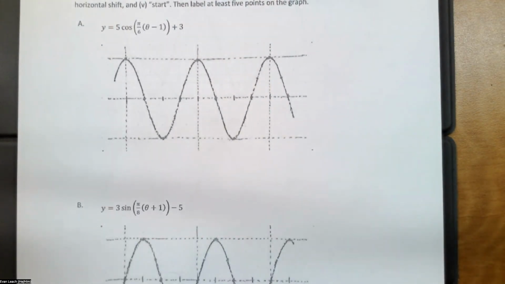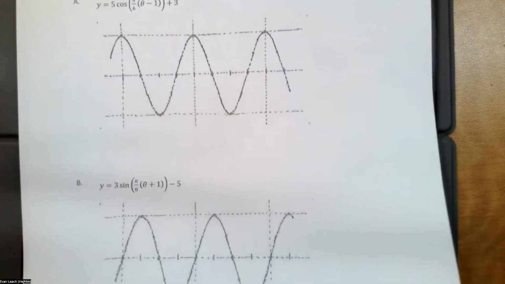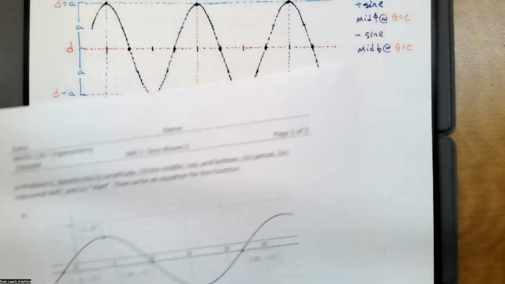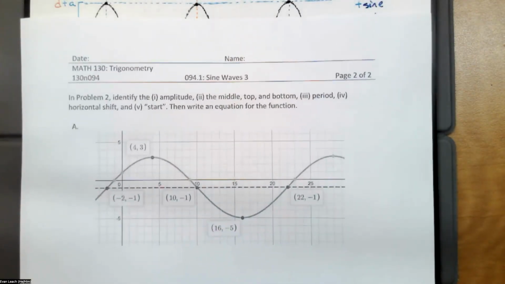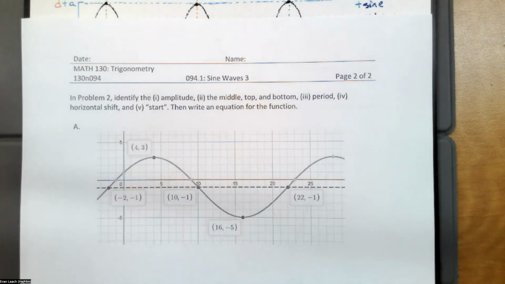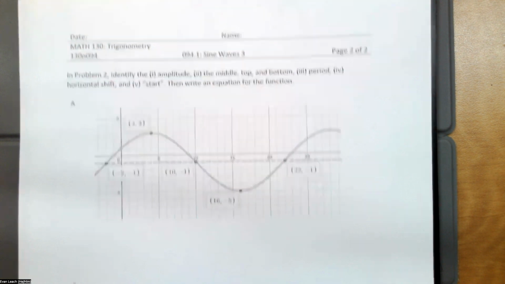And I gave you a positive sign here. Then on the other side, I've gone backwards. I've drawn a sine or cosine. You've got to figure out what the amplitude, period, vertical shift, horizontal shift are, and decide whether you're going to use plus or minus cosine or plus or minus sine, and write an equation for the graph.